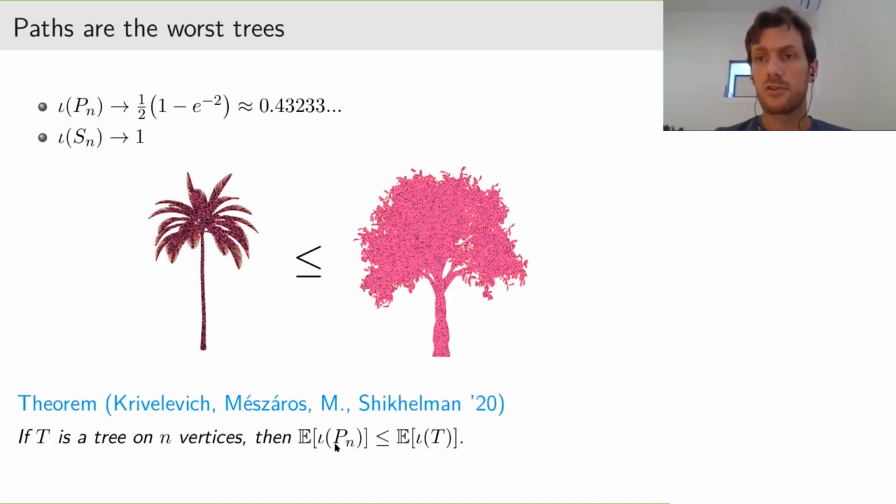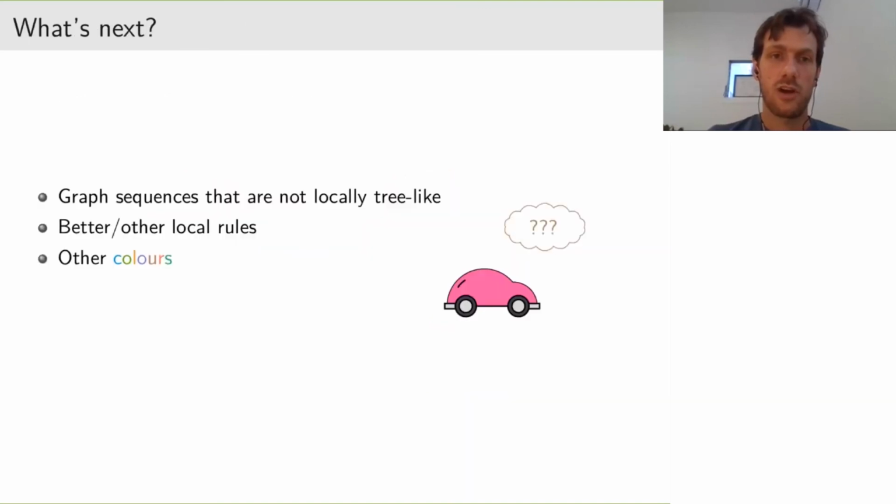So the tools are going to be very much different and more combinatorial in spirit. Okay, so I'll end with a couple of open questions. What are we doing if we have cycles in the limit? So this is widely open. There are some bounds in some cases, but no one knows how to handle this. It is interesting to analyze some other local rules, other than just picking a uniform random vertex at each step.